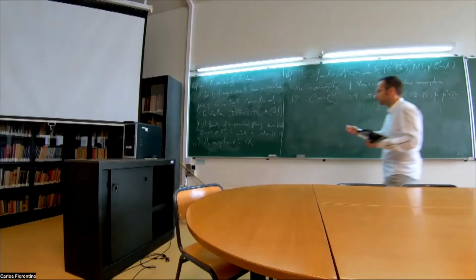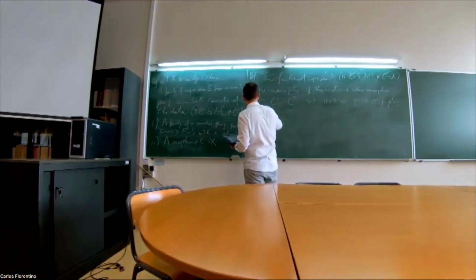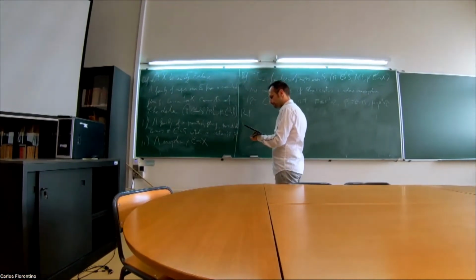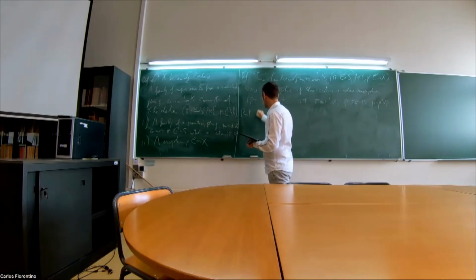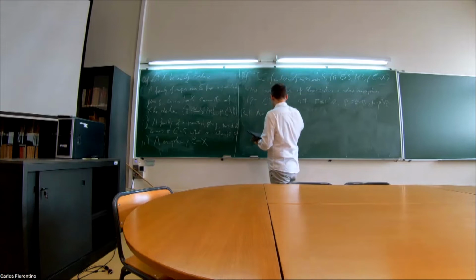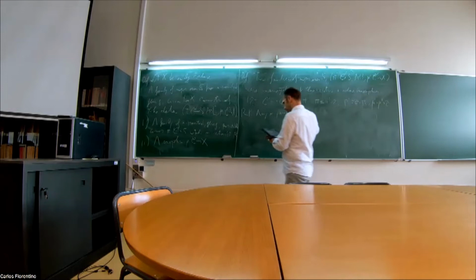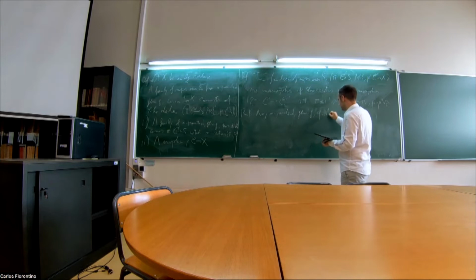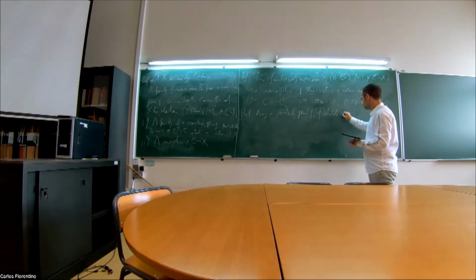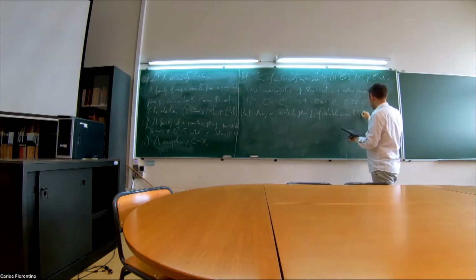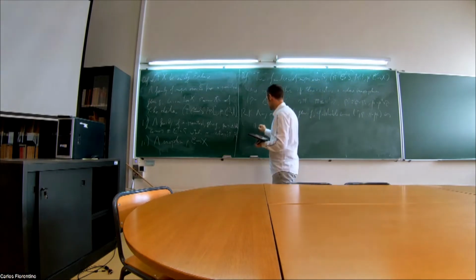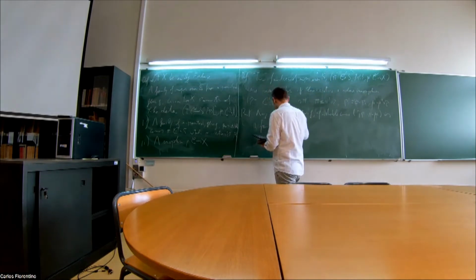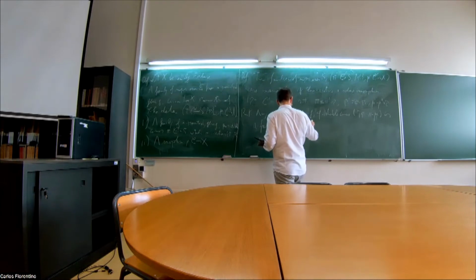Simple, I don't know if it's called a definition or a remark. Any n-pointed genus g quasi-stable curve C, with sections and mu, is a family over Spec of the base field.